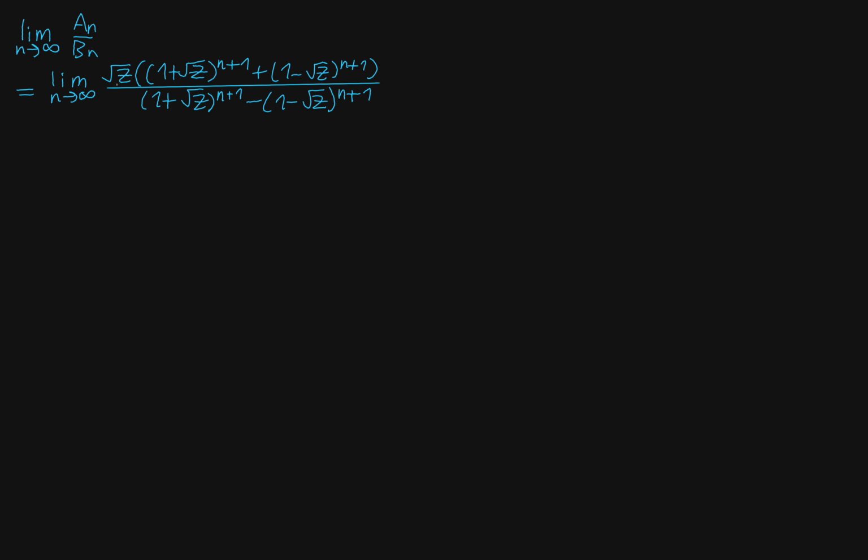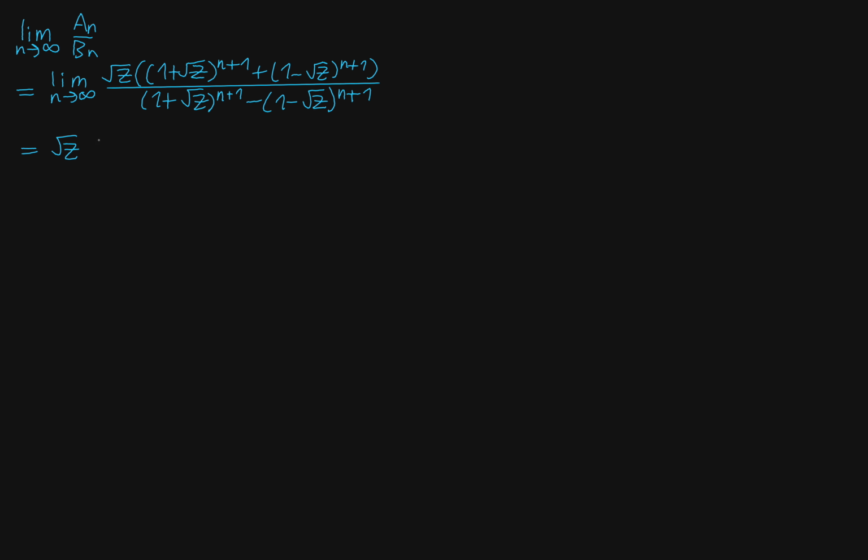Now I'm going to factor out the square root of z, separate this fraction by addition of the numerators, and multiply both numerator and denominator by the reciprocal of 1 plus square root of z to the n plus 1. This is just to simplify things.